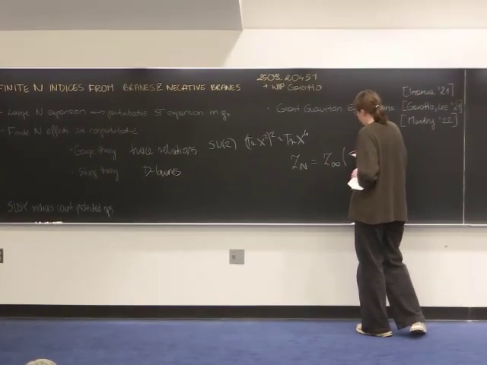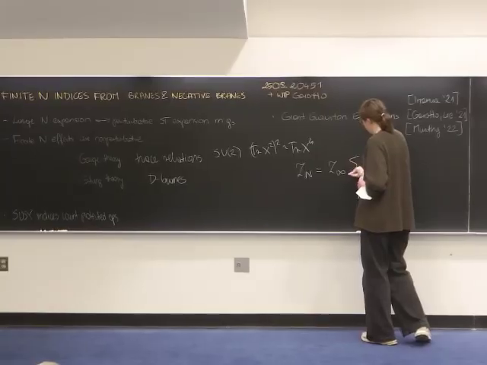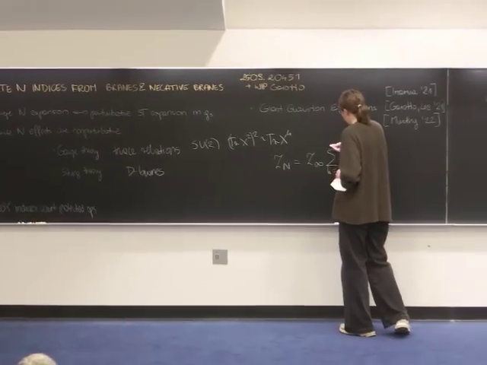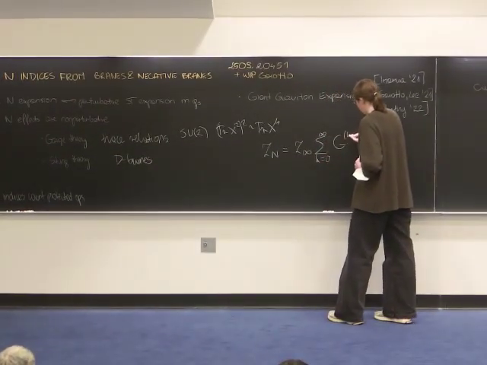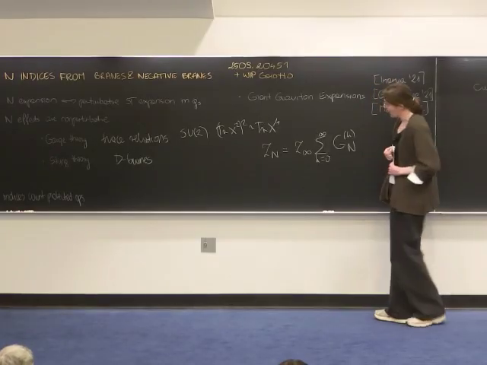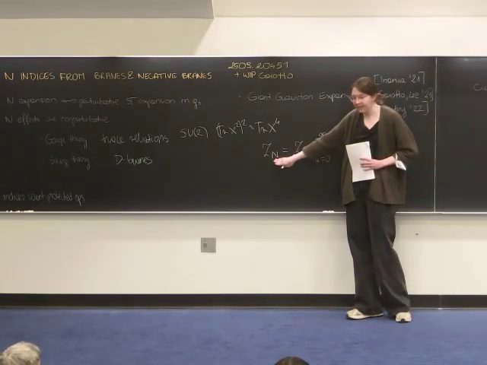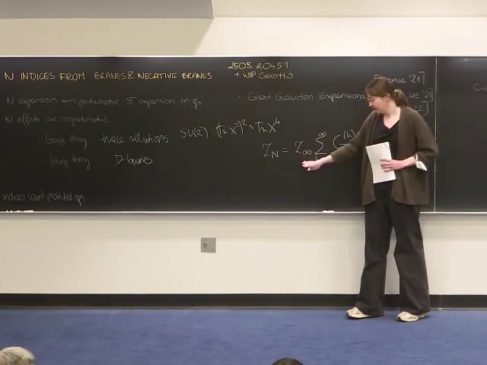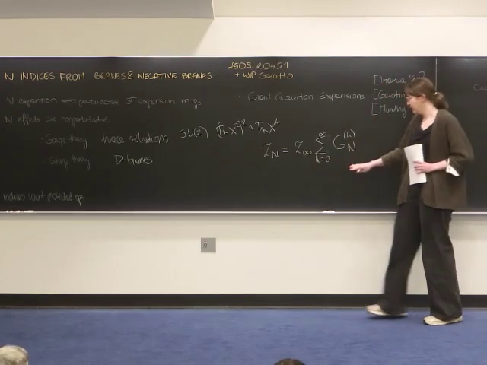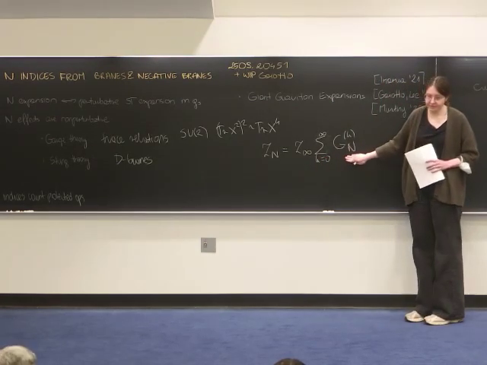These are formulas that look like this: we have a finite N index, an infinite N index, and an infinite sum of corrections.